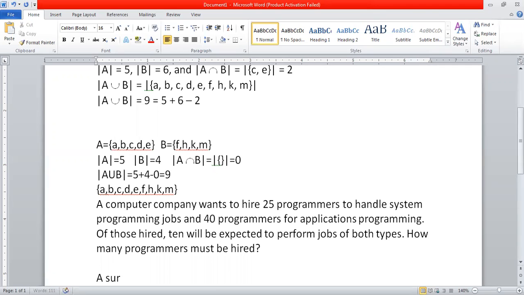The second is, a survey has been taken on methods of commuter travel.